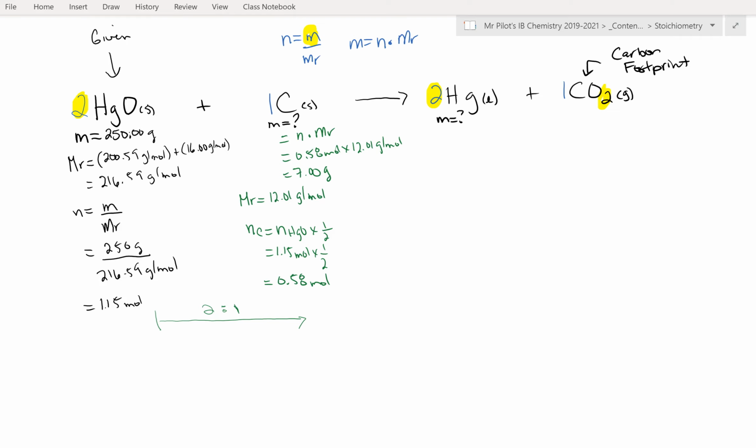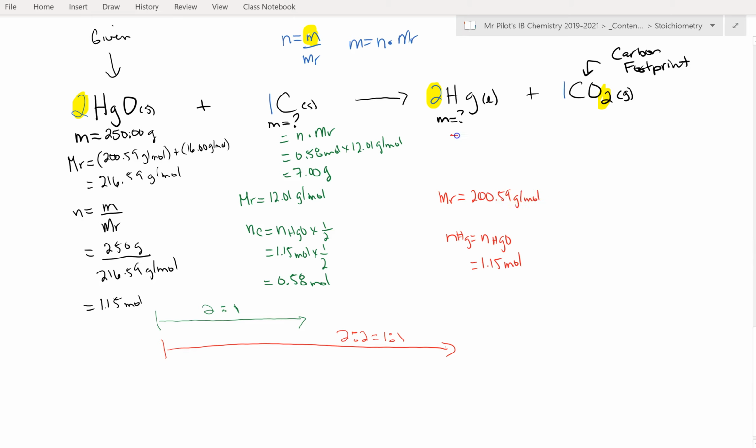So now if I want to go a step further and say, okay, how much mercury would I have? Well, again, I need to look at molar ratios. In this case, it's 2 to 2, which is equal to 1 to 1, right? So I know now that my moles of Hg is going to be equal to my moles of HgO, mercury oxide, which is 1.15 moles. My molar mass of mercury is 200.59 grams per mole.